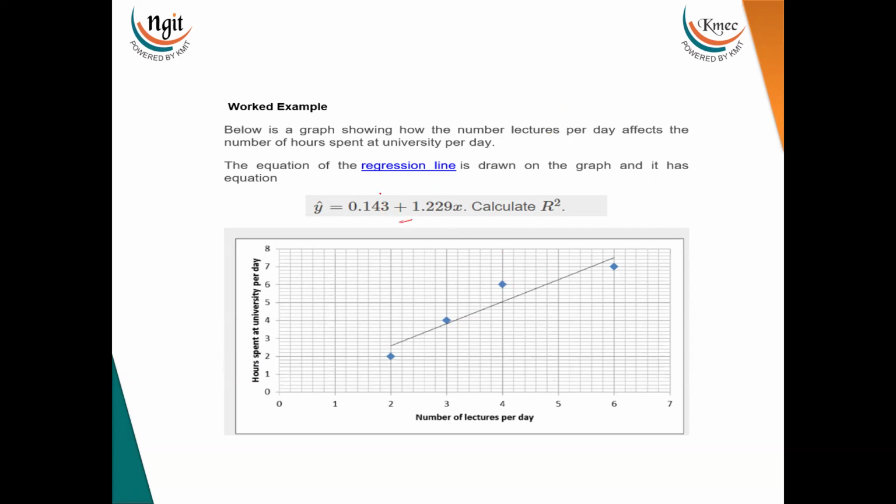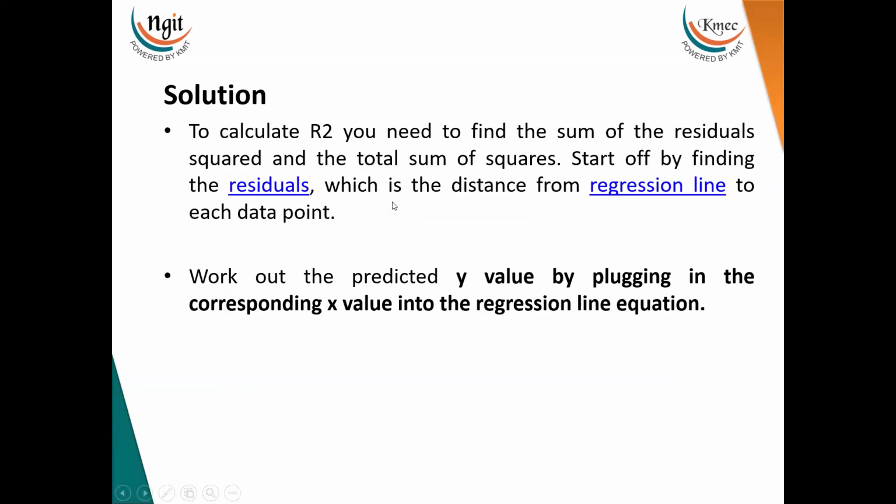In the earlier example, we only found b naught plus b1 into x, where we were going to find the predicted value. But here they have already given the equation of the regression line, and they are asking us to calculate the R squared. Let us see how we are going to calculate R squared for this equation that is already given.